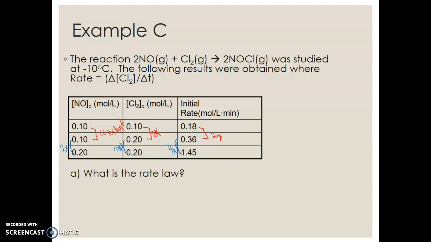So for your rate law, you should have written rate equals K times the concentration of NO, 2x to 4x, that is going to give us second order, times the concentration of chlorine, and that is to the first order.